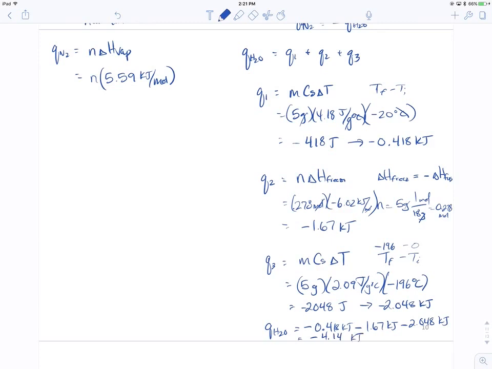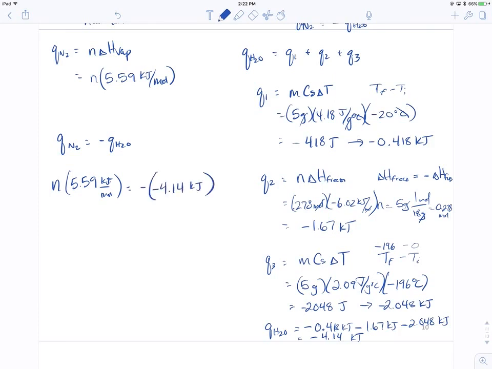All right, so then I know that Q N2 is equal to negative Q water. So Q N2 is n times 5.59 kilojoules per mole, equal to the negative of negative 4.14 kilojoules.